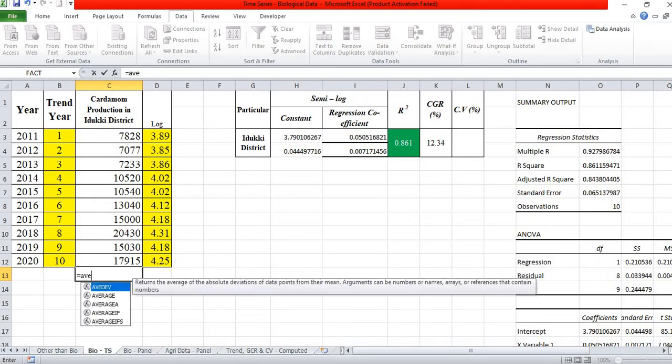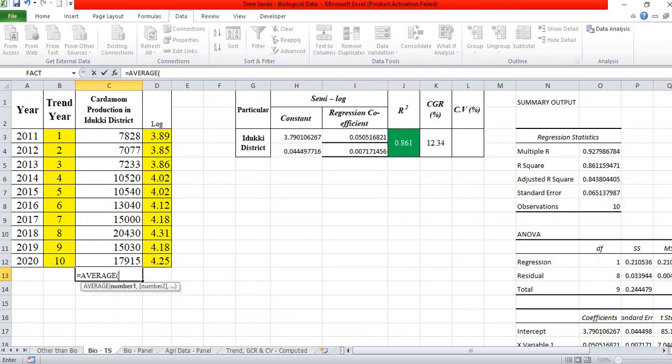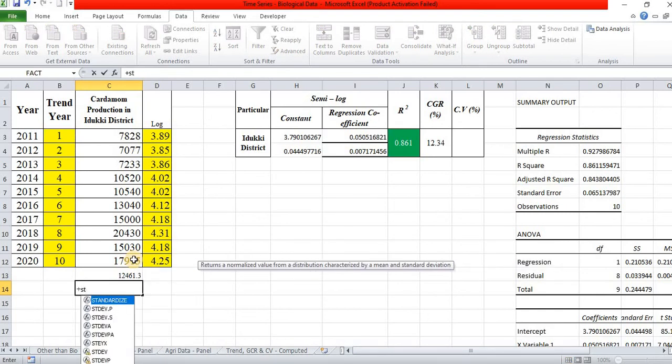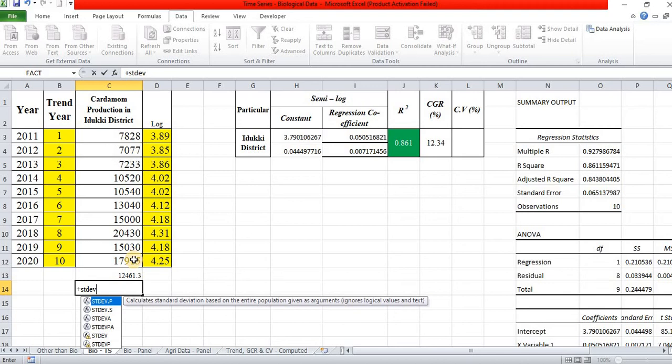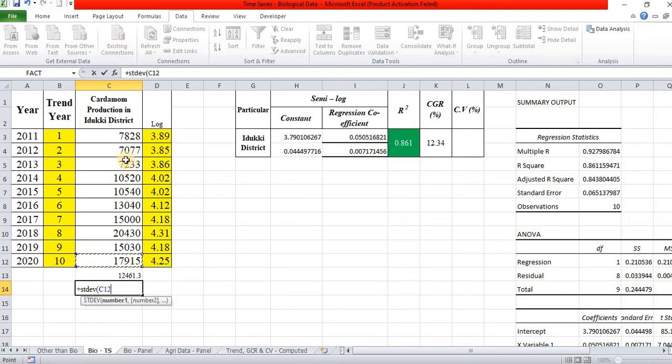So first for mean, average, and standard deviation, apply the function.